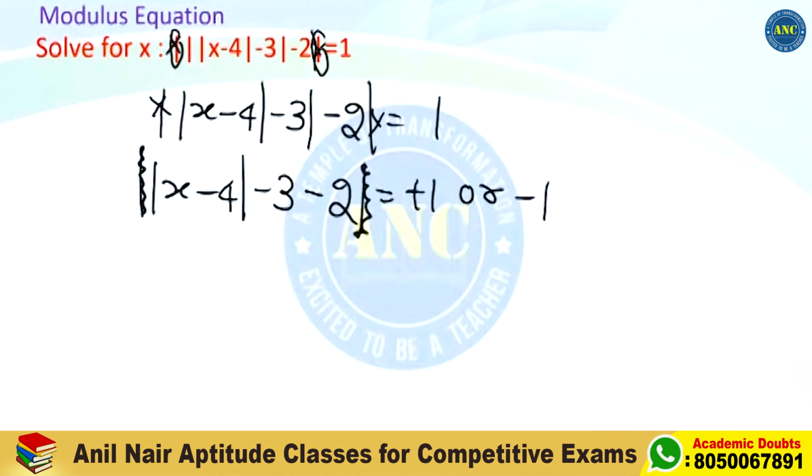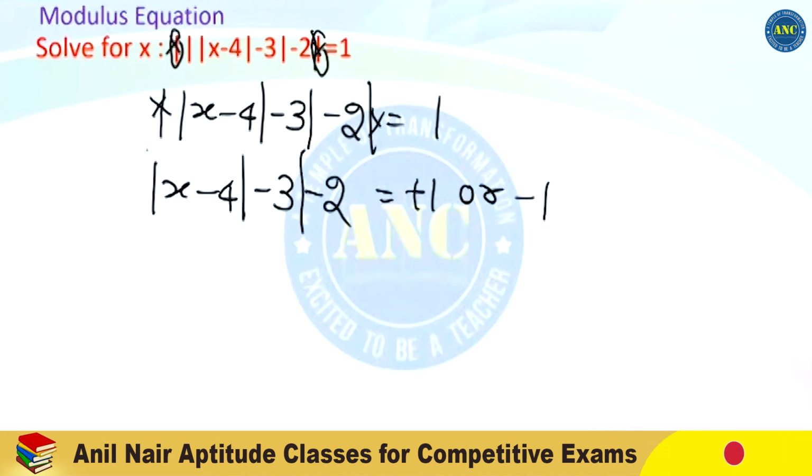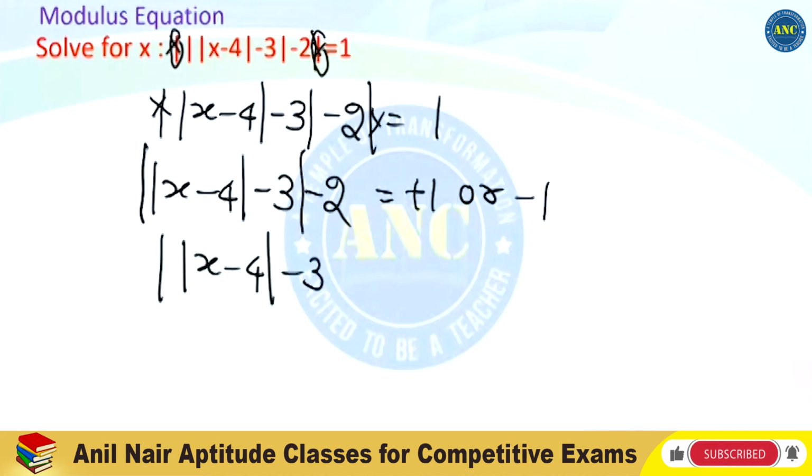These modulus I removed it. If I remove it, let me erase it. These are nothing but mod of, right? So mod of mod x minus 4 minus 3, it is nothing but 2 plus 1, 3, and 2 minus 1, it is nothing but 1.